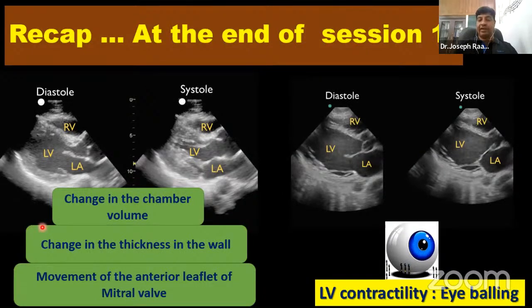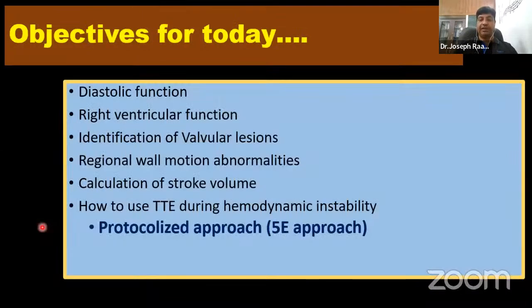As we move on to our next session, we need to know, as an anesthetist, what other information we can get from bedside echo. It's not a comprehensive evaluation of the echocardiogram, as you know. As a bedside tool, we will start with the diastolic function, and then move on to how to assess right ventricular function. Then identification of significant valvular lesions, especially the stenotic lesions.